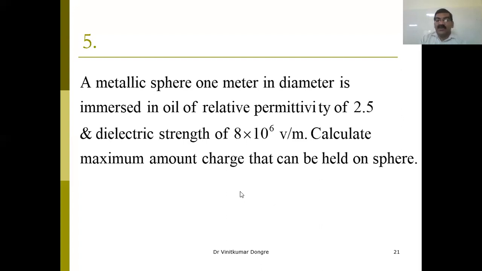So first we have to understand what type of problem this is, what this metallic sphere is, what this dielectric strength and relative permittivity are, and why they are given. Okay, so we will go further.